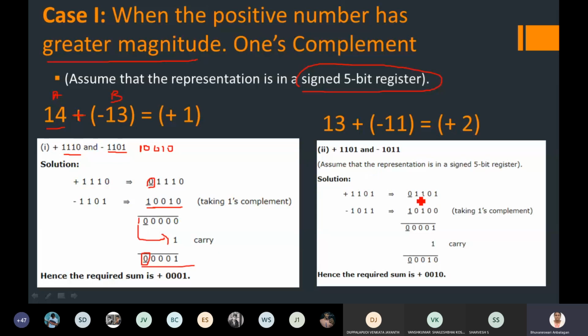Okay, so 13, what is the binary equivalent? 1101. Just hold on a minute.